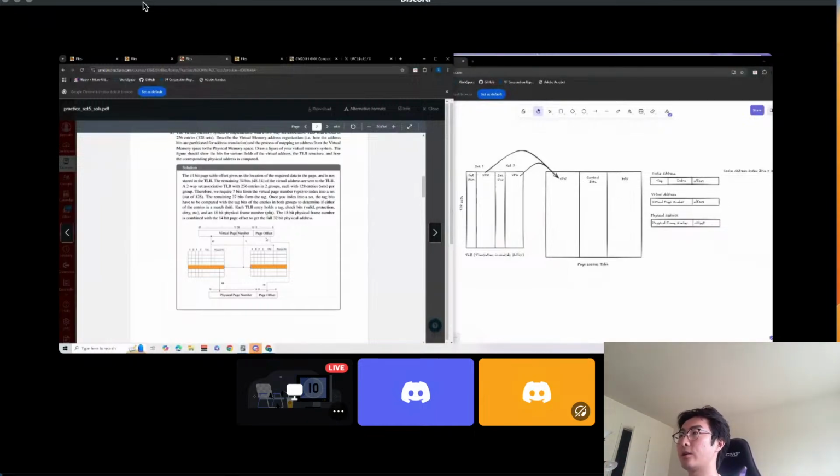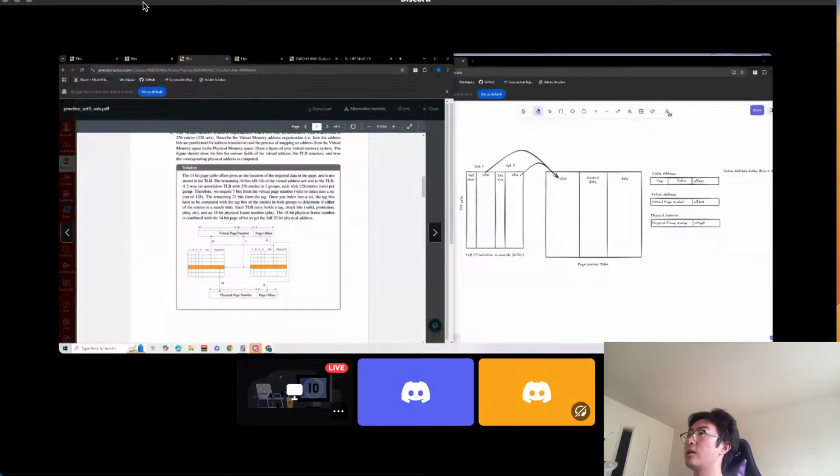So how do we actually go about doing that is a good question to ask. This is where the TLB, the translation lookup table, or look aside table, I forgot what it is, but we have two sets, so set 1 and set 2. Maybe we don't even need to worry about the tag and physical number.